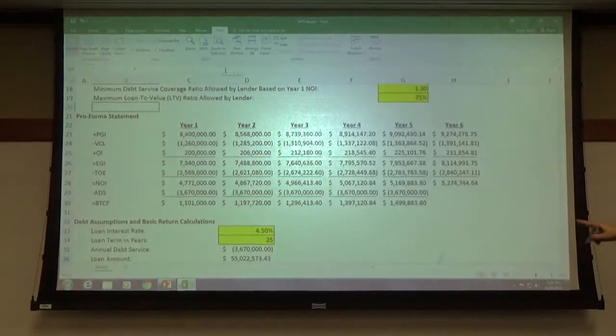So year one NOI is this $4,771,000. What I've given you as our minimum debt service coverage ratio is 1.3. That's what's given. So what you're solving for is the annual debt service.